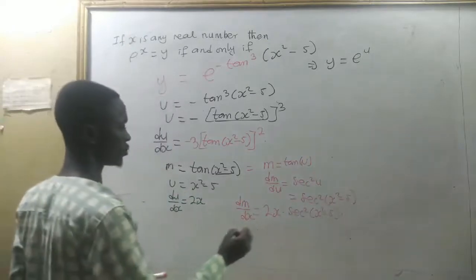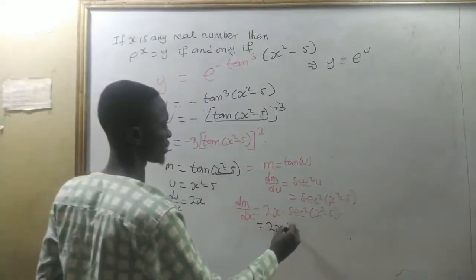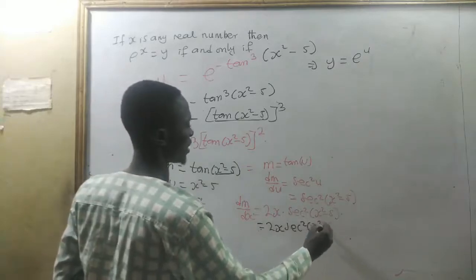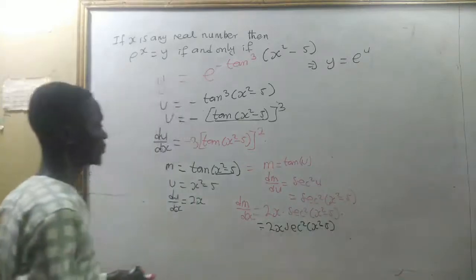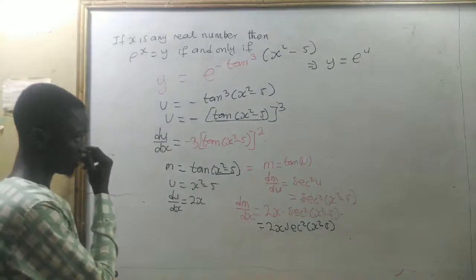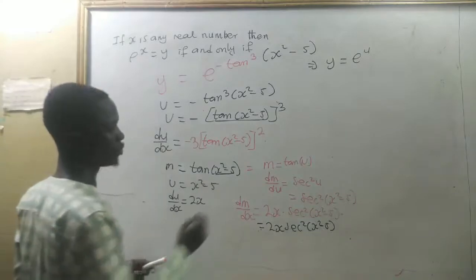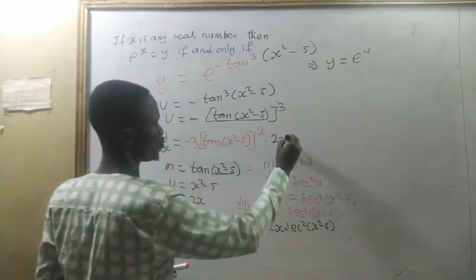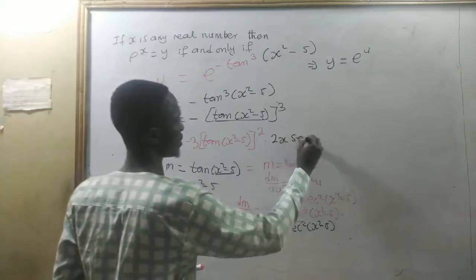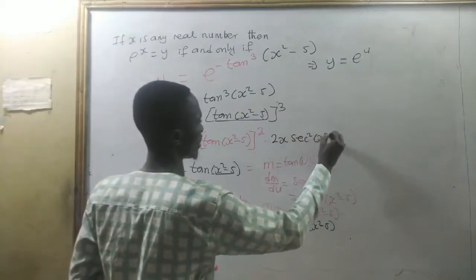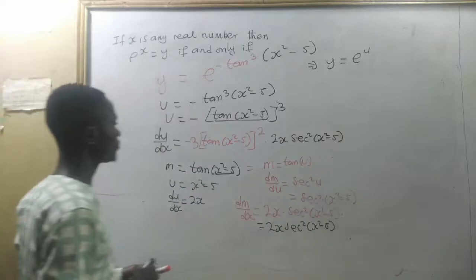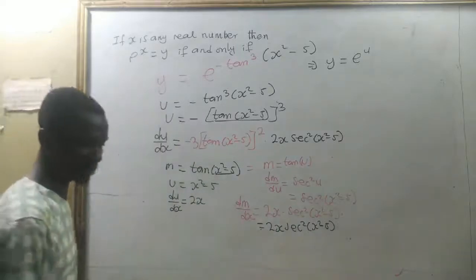Wow. So that will give us 2x secant squared x squared minus 5. Very simple as that. So here we are going to multiply this by 2x times secant squared x squared minus 5 as du on dx.